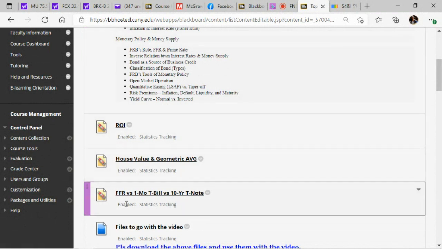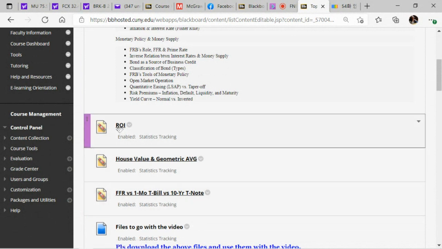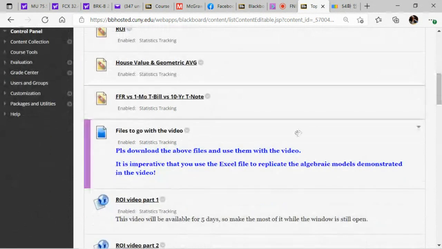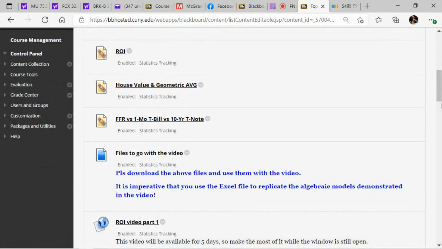Now, these are files, right? You see, it says at the bottom, files to go with the video. So please download the above files and use them with the video. It is imperative that you use them. In my lecture video, if you watched it, you would notice an Excel file being used there.